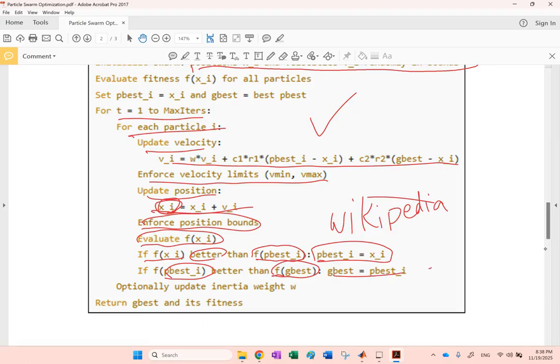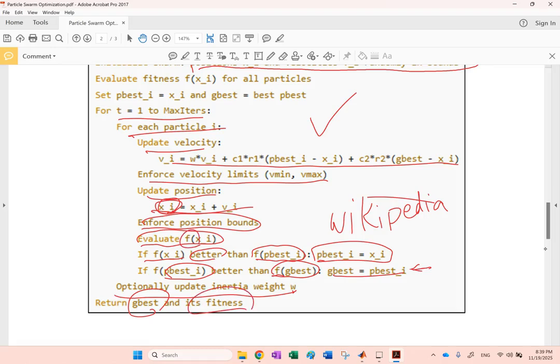You see, this is the part where the communication happens between the particles. Okay? And you can update your W, you can even update your C1 and C2, and at the very end, return what? Return the GBest, which is the independent variable, and you can also return f at the GBest.